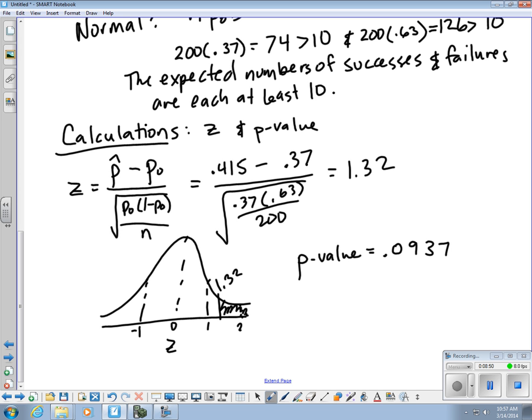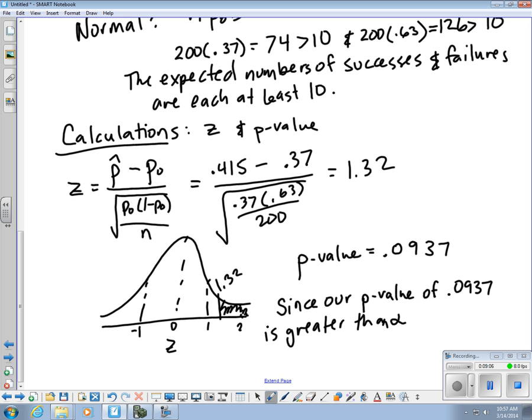Then in conclusion, since our p-value of 0.0937 is greater than alpha, which is 0.05. Remember, we always compare the p-value to alpha. Because it's greater, we fail to reject the null. So that means this is not convincing evidence that our alternative is true.